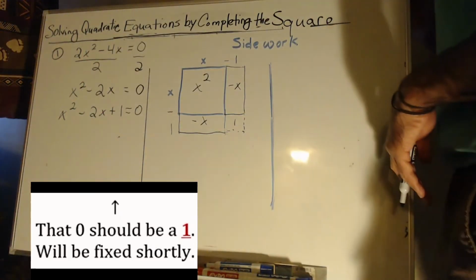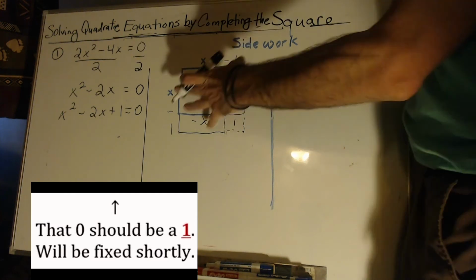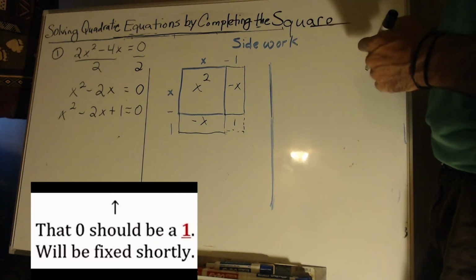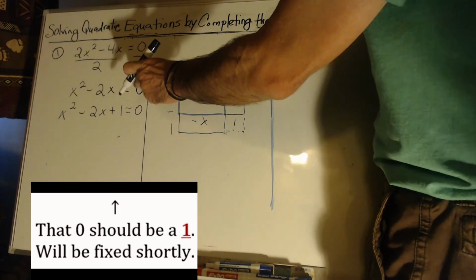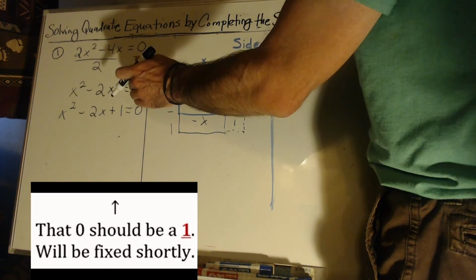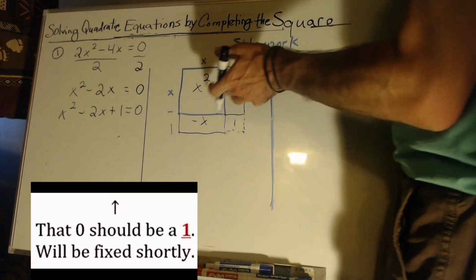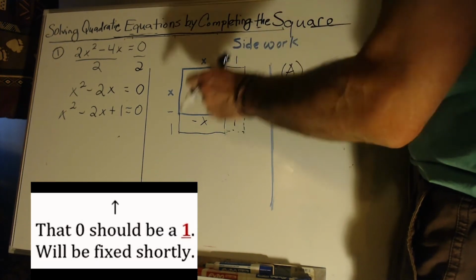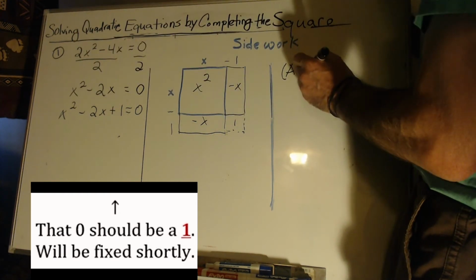I left room over here because I want to talk about another way to write out the side work besides drawing the picture. Because of time purposes, I'm usually going to use the following. After we have the constant term on one side and we have 1x squared, we could either do this or divide the coefficient of x to the first by 2.